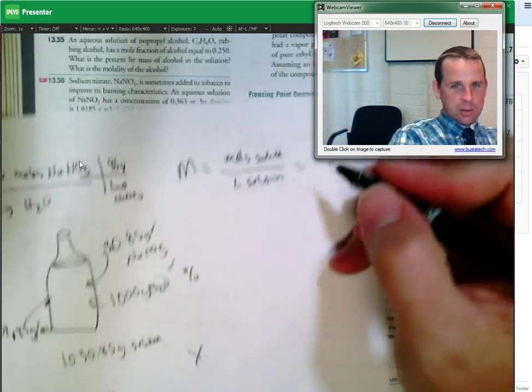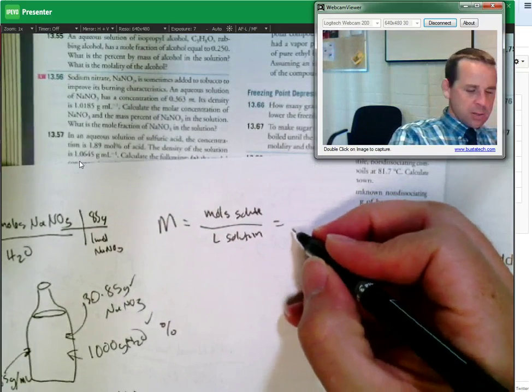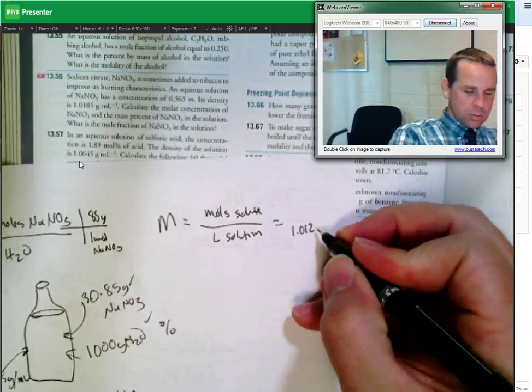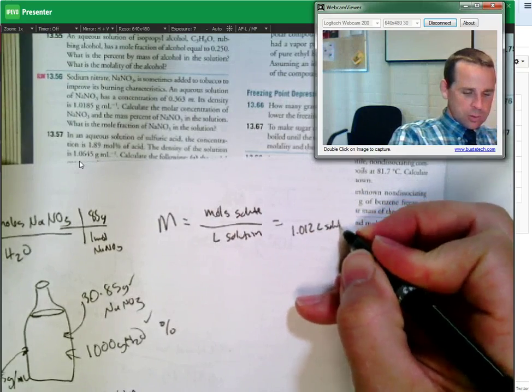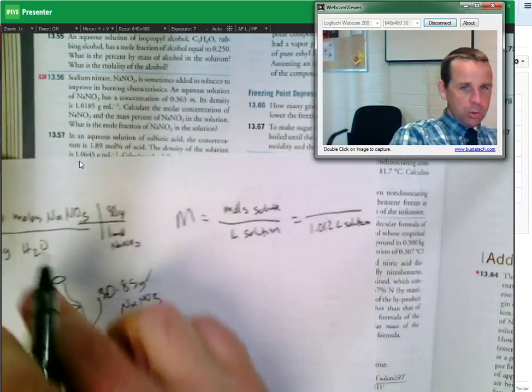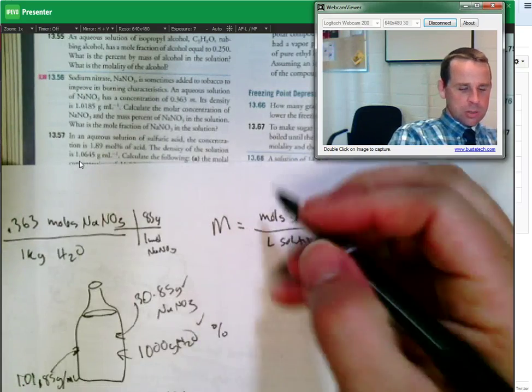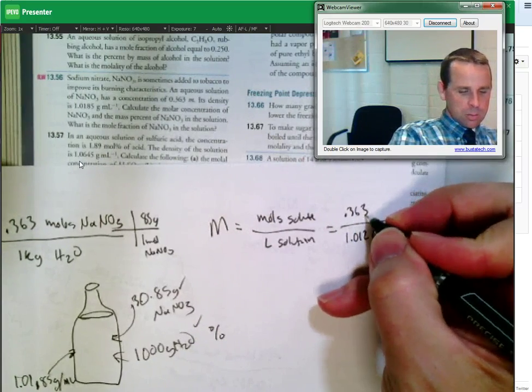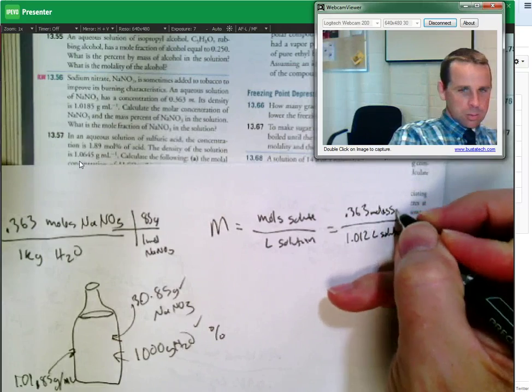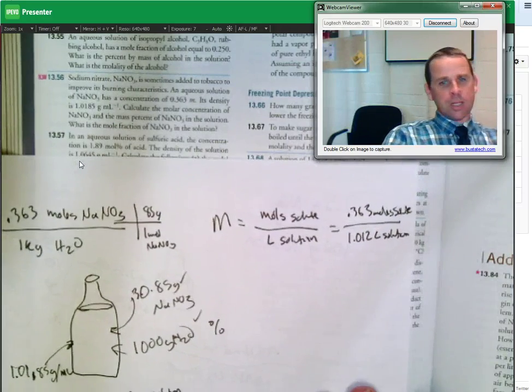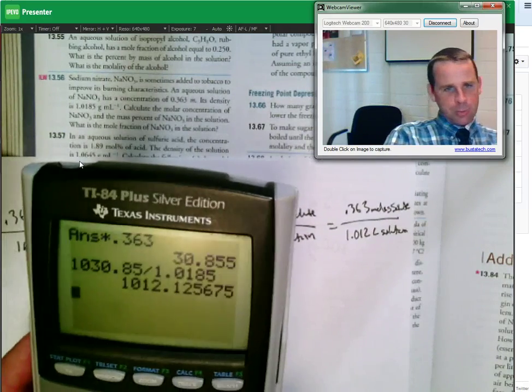I can divide that by 1,000 to get 1.012 liters of solution. And I can put moles of solute, 0.363, over that, and that should be my molarity, right?